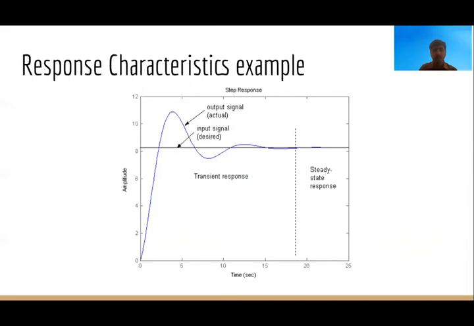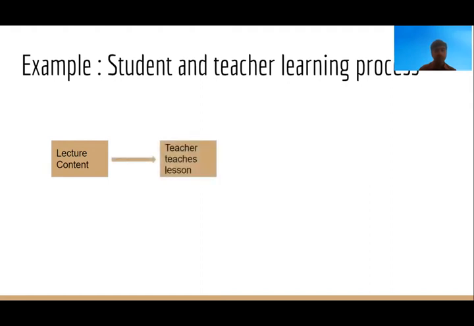Now we'll see some examples of closed loop control systems. The first example is the student and teacher learning process. In this process, the lecture content is given to the students before starting the lecture, and the teacher teaches the lesson.